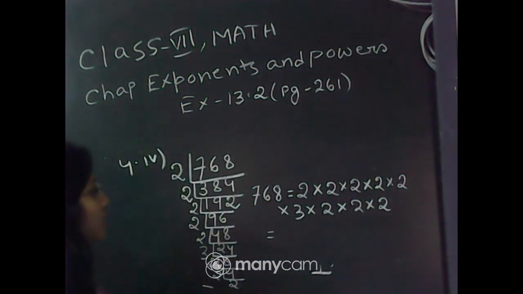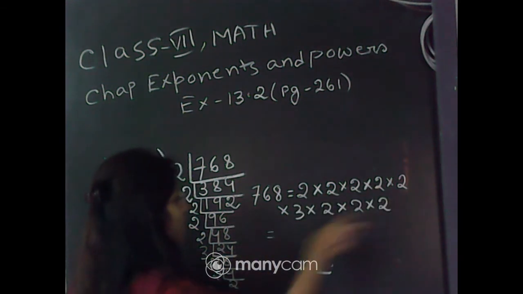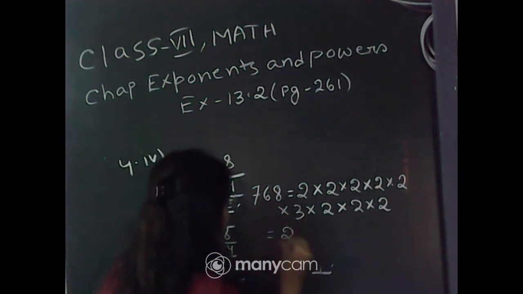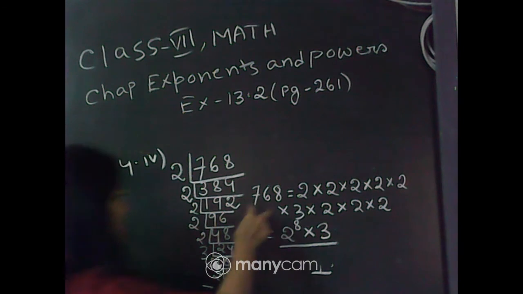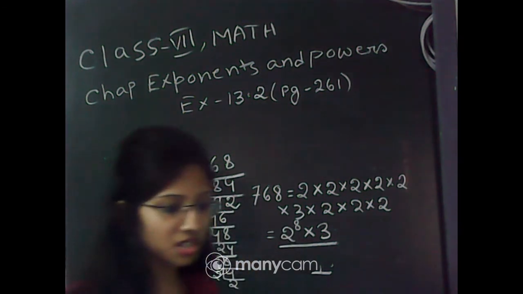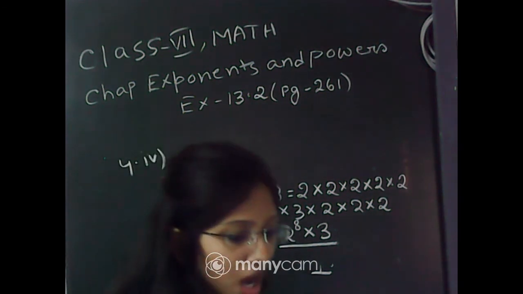Here 2 is 8 times, so the power of 2 will be 8, and this is the exponential form of 768. Okay, clear up to this portion?